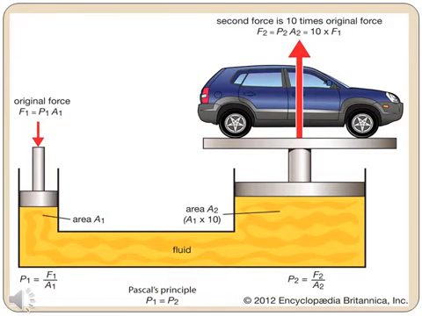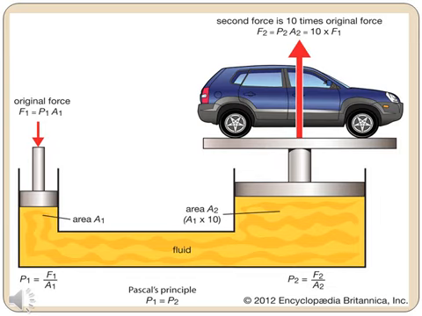This slide shows that a car is raised through a certain height by a larger force, which is F2. It is 10 times more than the original force or the input force F1. That is, F2 is equal to 10 into F1, as the cross-sectional area of the second piston A2 is 10 times the cross-sectional area of the first piston A1.